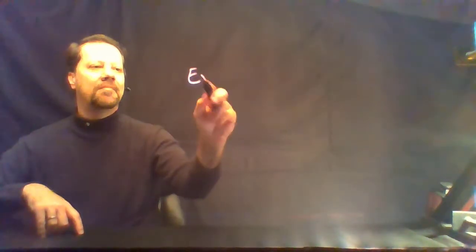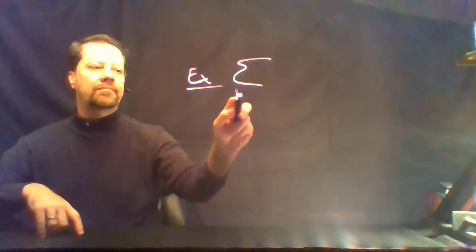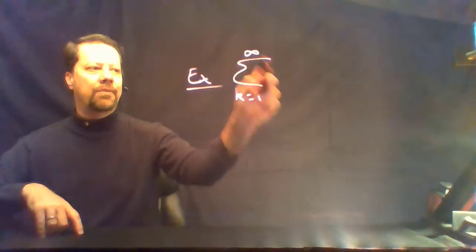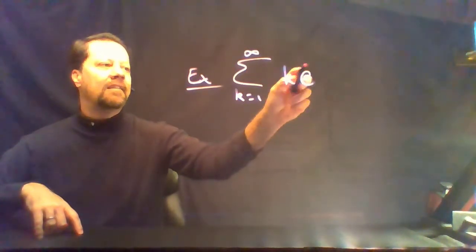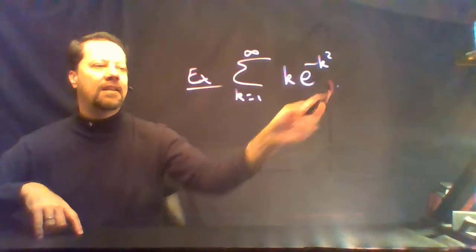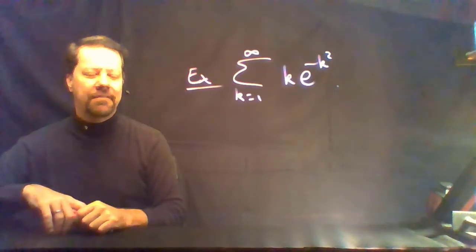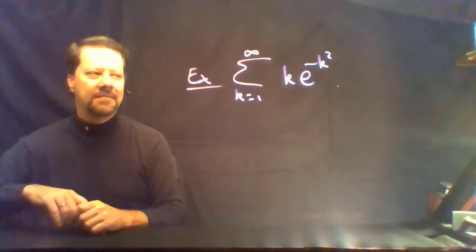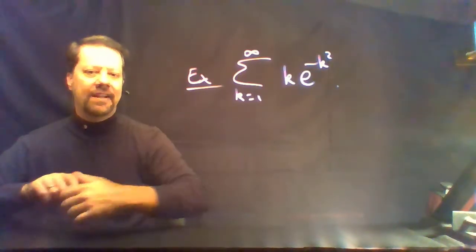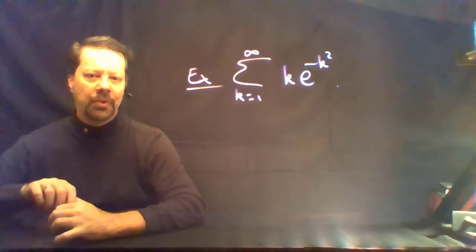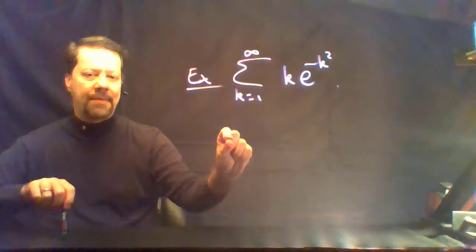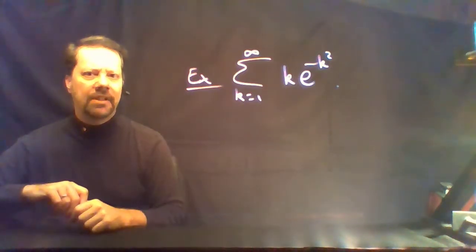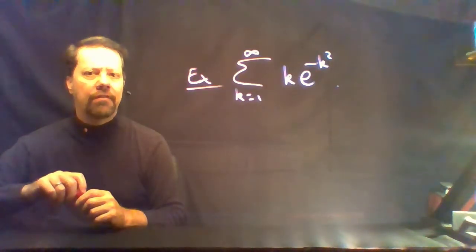Consider the sum as k goes from 1 to infinity of k e^(-k^2). Converge or diverge? The negative exponent will drive this to 0 very rapidly, meaning you kind of expect that this will converge.